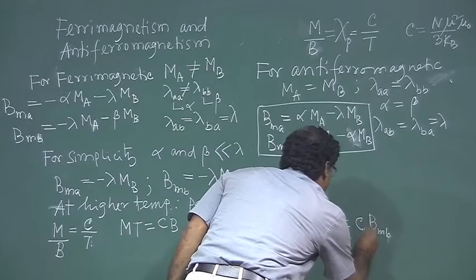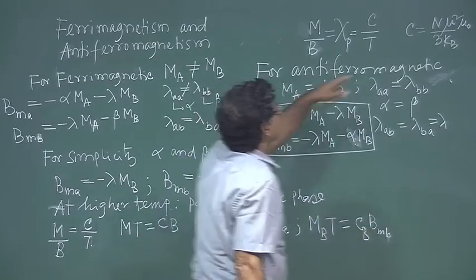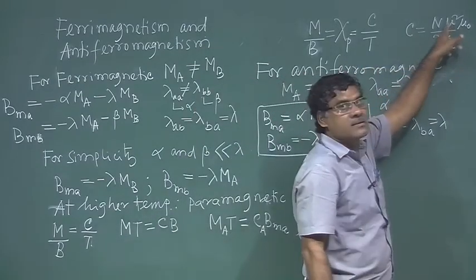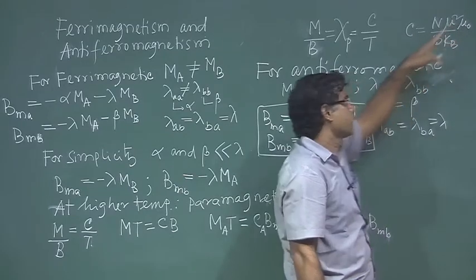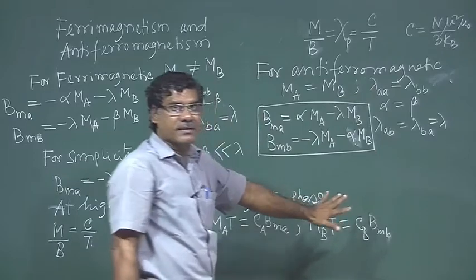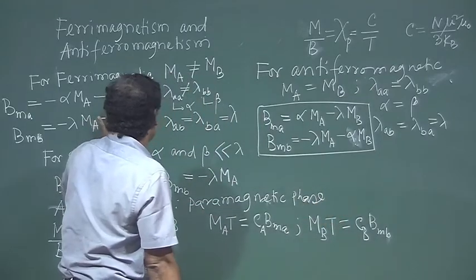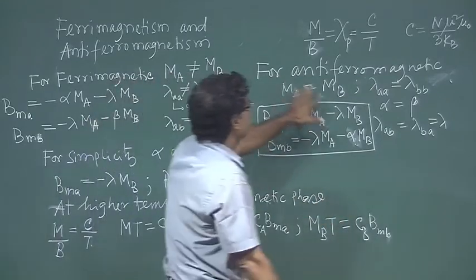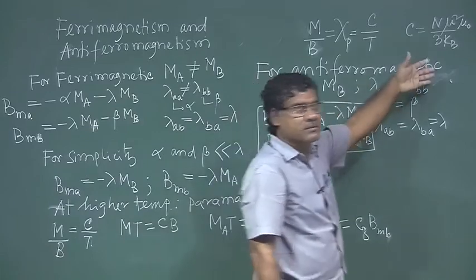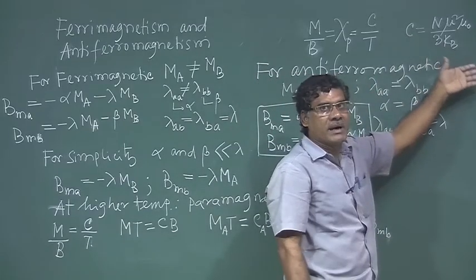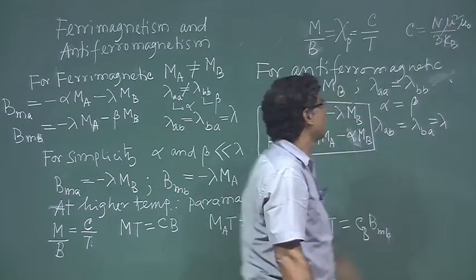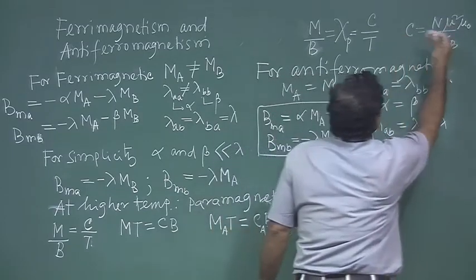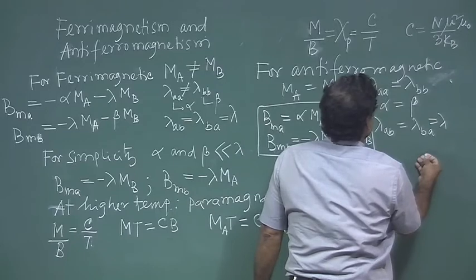Because the moments are different for the A site and B site in the ferrimagnetic case, but in the antiferromagnetic case this C_A will be equal to C_B, because the moments are the same for both. And this mu here I have not written.